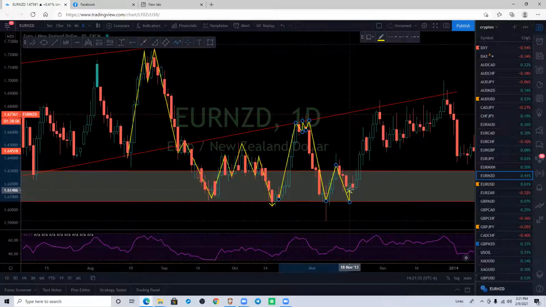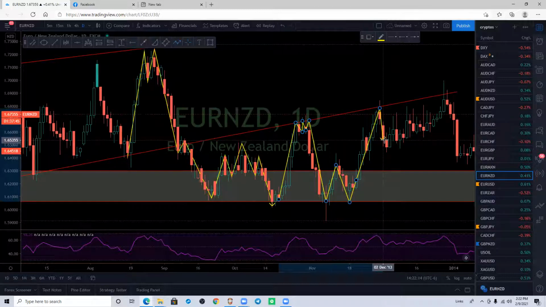where we see it was rejected by this wick. We have our next bullish engulfing right here. This is bigger than the orange or red one. And price continued to go back up to meet the trend again.